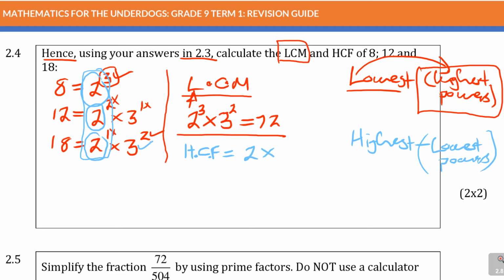I've got 3 here, but I don't have 3 in the others. So I see that 3 is not. So the only part I have that is appearing in all the 3 is 2. And then after that, I'm looking for the lowest powers, or the smallest power. In this case, it's 2 to the power of 1. So that becomes the highest common factor. So you have answered the question. The LCM is 72. The highest common factor is 2.